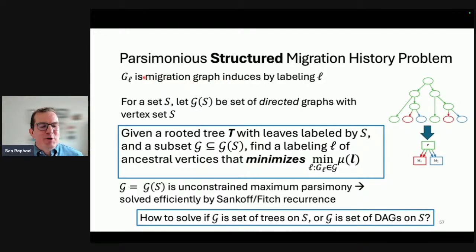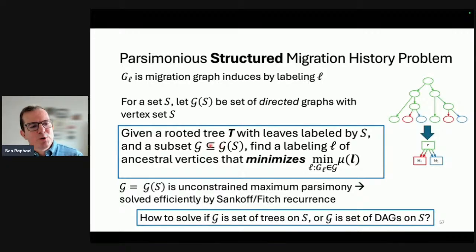So if you have a labeling of the ancestral nodes, you can collapse that into this directed graph. And what we're interested in is directed graphs with a particular vertex set, the original labels or colors. So I could ask about directed graphs on this 3-color set. And I could say, what's the minimum number of migrations if I require that this graph has a certain structure?